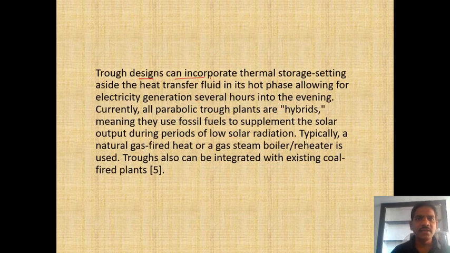And trough design can incorporate thermal storage, setting aside the heat transfer fluid in its hot phase, allowing for electricity generation several hours into the evening. Currently all parabolic trough plants are hybrids, meaning they use a fossil fuel to supplement the solar output during periods of low solar radiation. Typically a natural gas fired heater or gas steam boiler is used. Troughs can also integrate with existing coal fired plants.